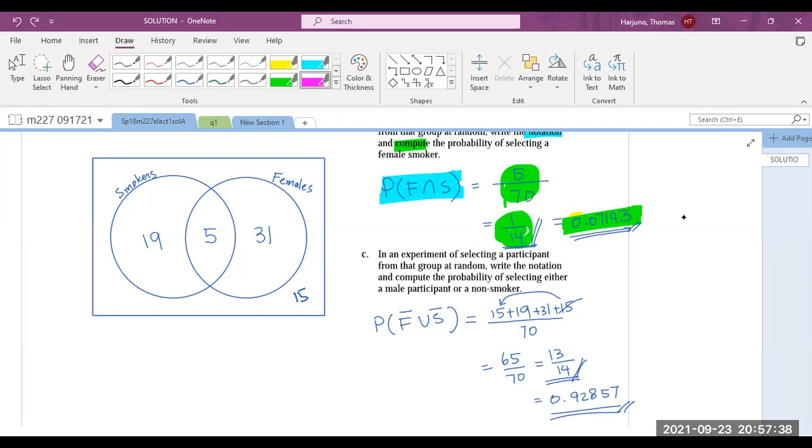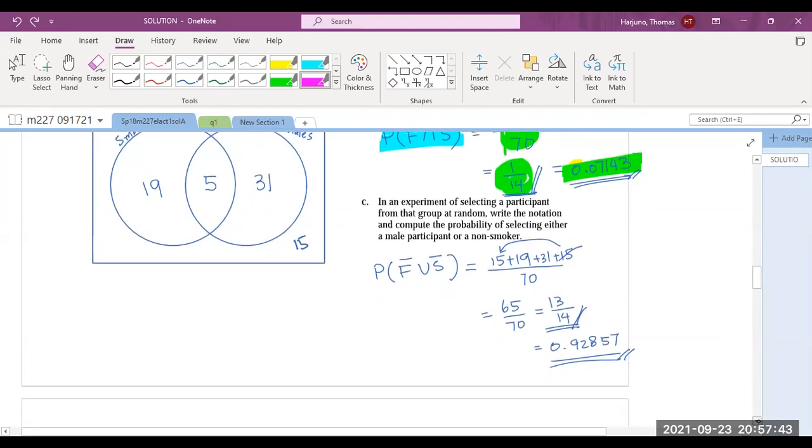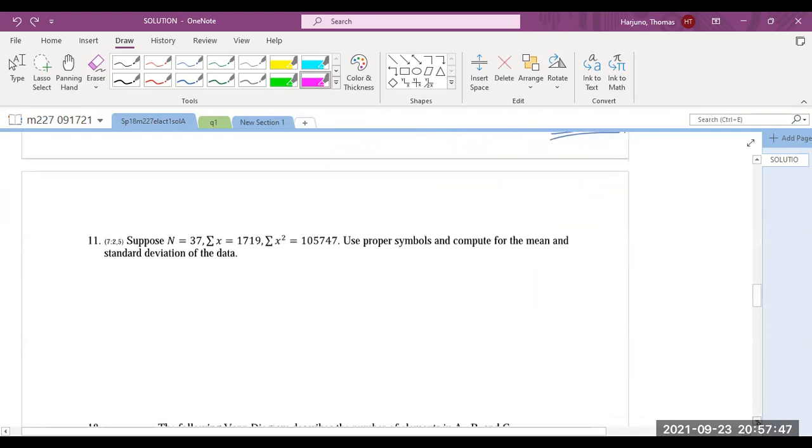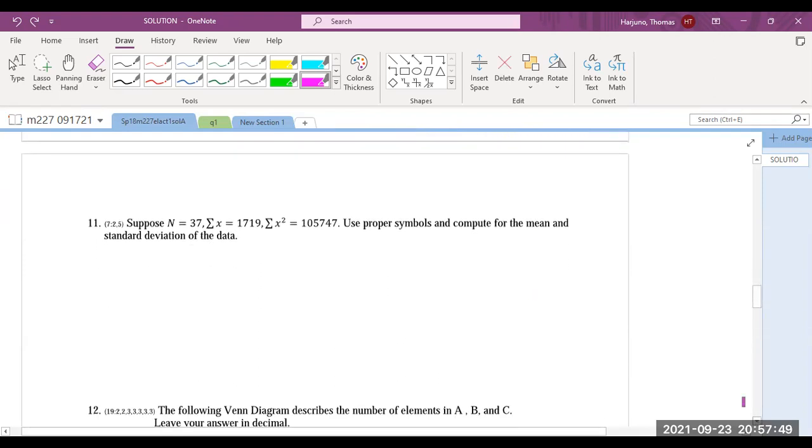Now, I believe in my lecture and in my supplemental lecture, I used the illustration from my mom. If you watch those videos, you will hear my story that when I was 13 or 14 years old, my mom asked me, what kind of girl do you want to marry?